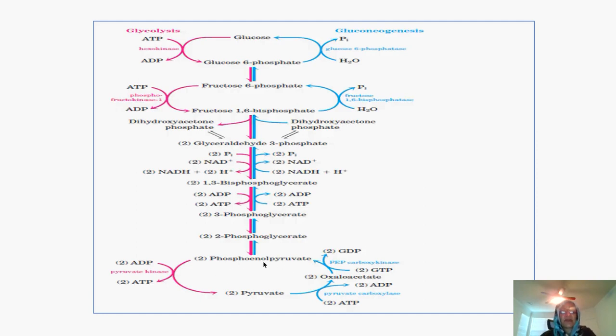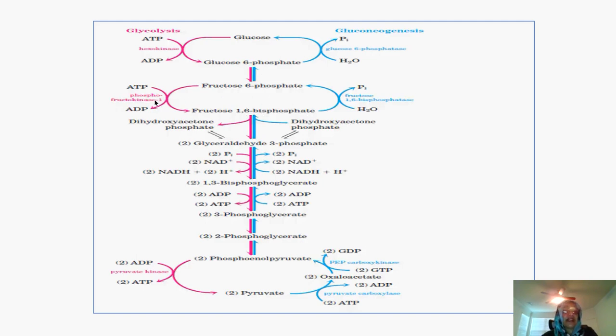Once we get phosphoenolpyruvate, we are going to use the glycolytic enzymes, the enzymes from glycolysis, because we are just reversing those steps. So we go back from phosphoenolpyruvate to 2-phosphoglycerate, then 3-phosphoglycerate, continue the reversible reactions and get 1,3-bisphosphoglycerate and then glyceraldehyde 3-phosphate until we get to fructose 1,6-bisphosphate.